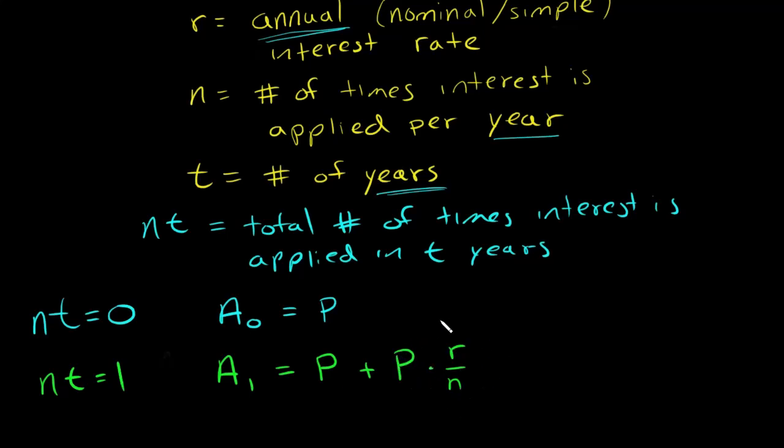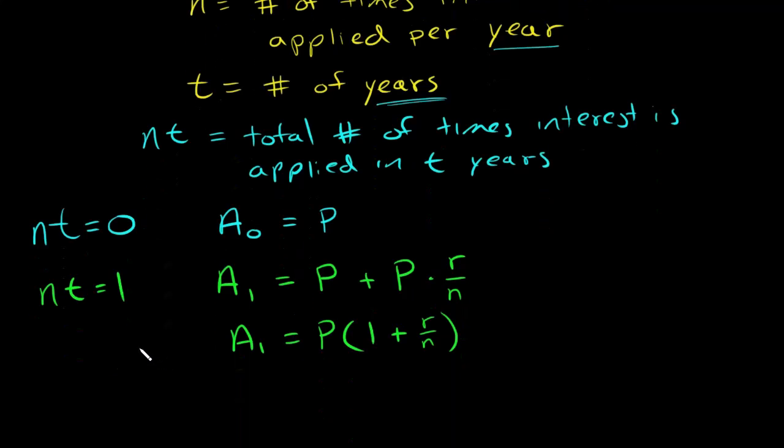That's my interest, and I add that to whatever my principal was. This is the amount of money that I'll have after I've compounded once. I can simplify this equation by factoring out a P, and I'm left with 1 plus R over N. This is what I get for A1, the amount that I'll have after applying my interest only once.